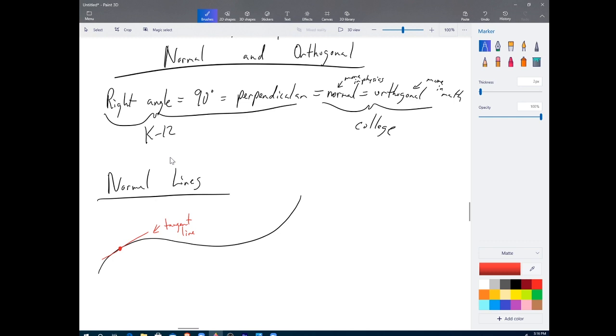We've talked plenty about tangent lines. It's a line that only goes through that one point on the curve, no other points, within close proximity at least. A normal line is going to be the line that's perpendicular to the tangent line.